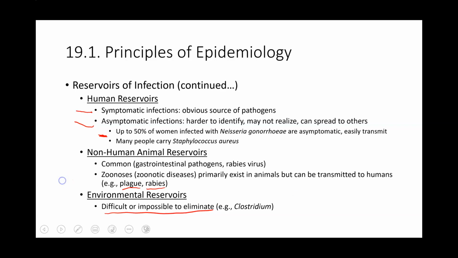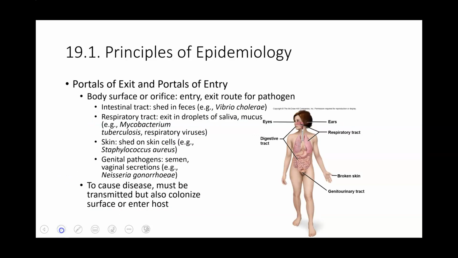One example is Clostridium tetani, which causes tetanus. We get tetanus vaccines to protect us from that pathogen because it is in a reservoir that we can't control.